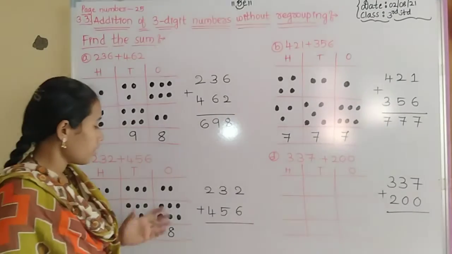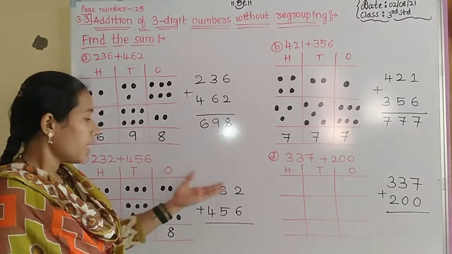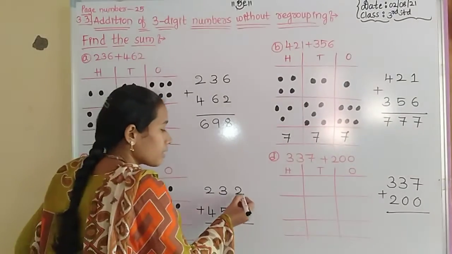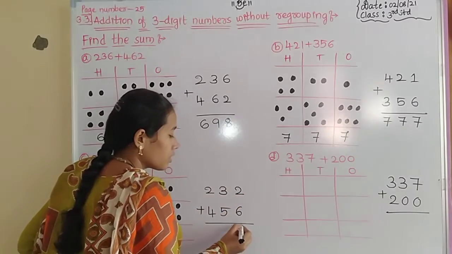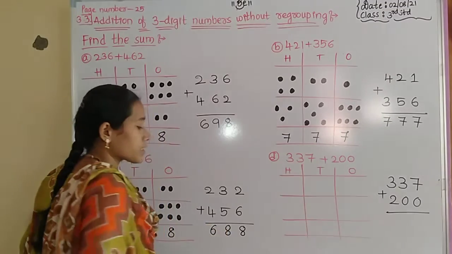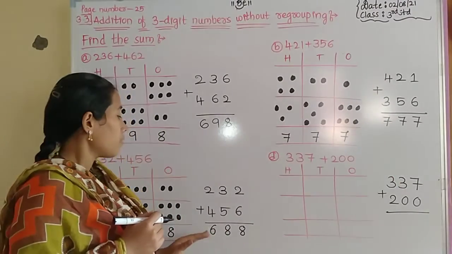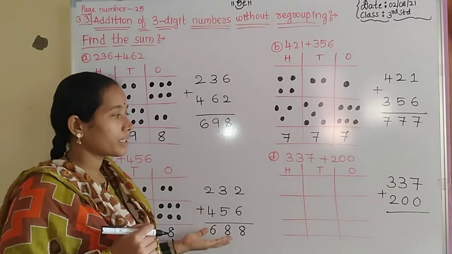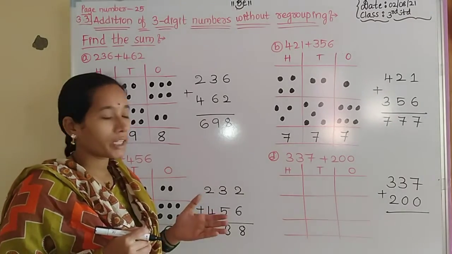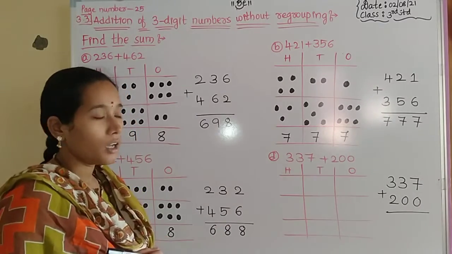So here we solve the answer from the representation of the position. And with direct addition, 2 plus 6 is equal to 8, 3 plus 5 is equal to 8, 2 plus 4 is equal to 6. We have to add the numbers mentally for practice, then only can we write the answer quickly. 688 is the sum for the given addition operation.